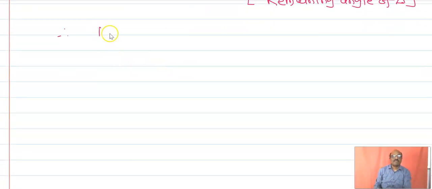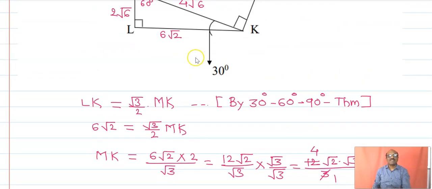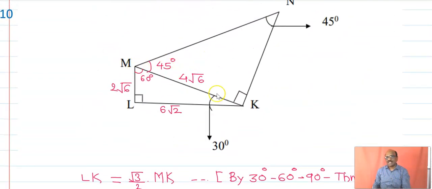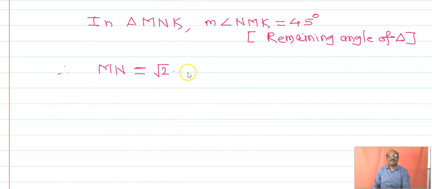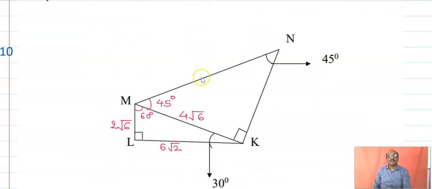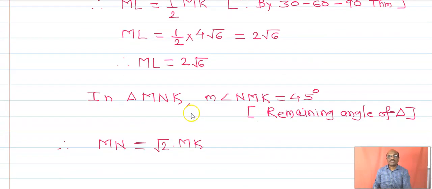MN is equal to root 2 into this side, which is the side MK. And what is MK here? MK is 4 root 6.